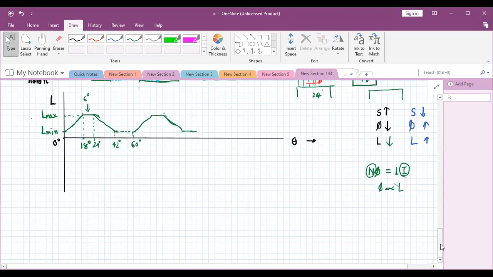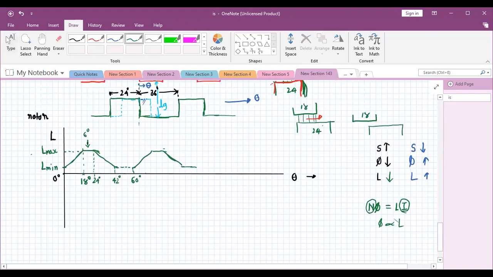We have plotted for the inductance. But we have to see the envelope for the torque. And torque is proportional to dL by d theta. So we will differentiate this and we will find out what is the dL by d theta.